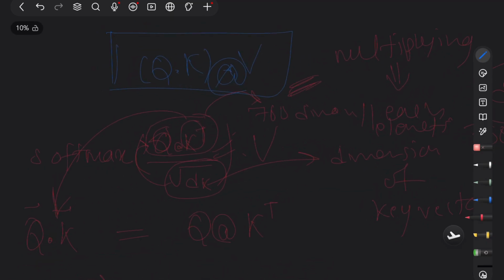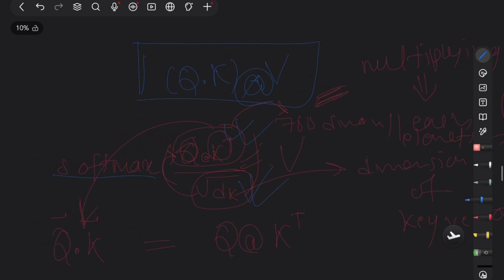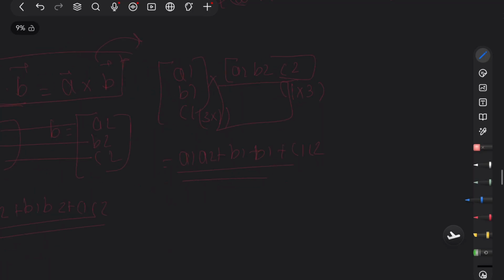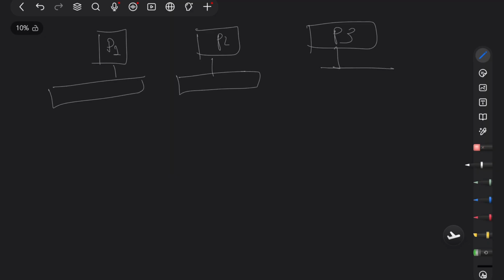Okay, now we have finished the Q part, the upper part, and the lower part. Now this softmax. Let me first draw an example. For example, this is an image with patches P1, P2 and P3. What will we have? We will have an embedding of each individual one, right?